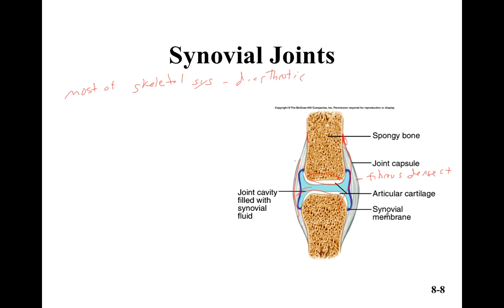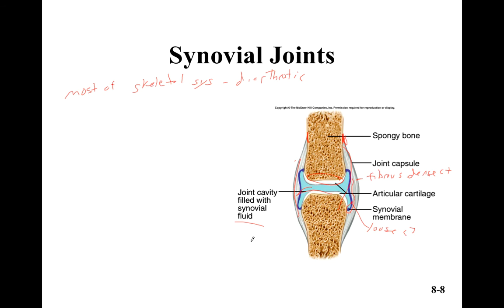Okay, and then the inner layer is loose connective tissue. That loose connective tissue is called the synovial membrane, and it produces synovial fluid.